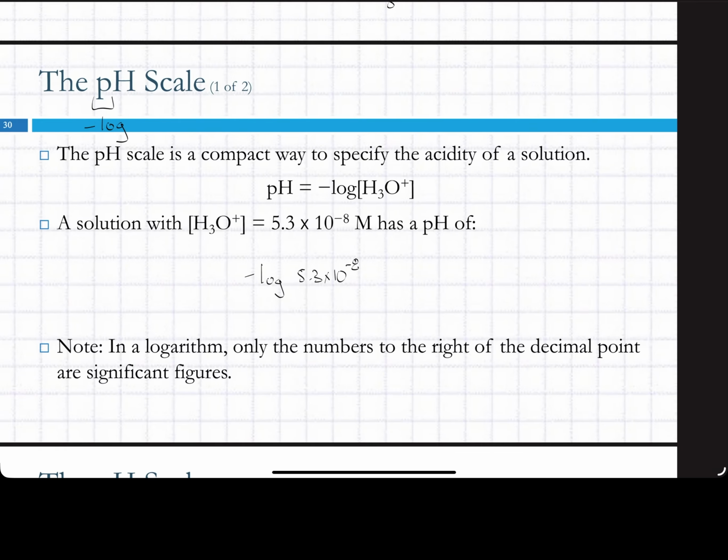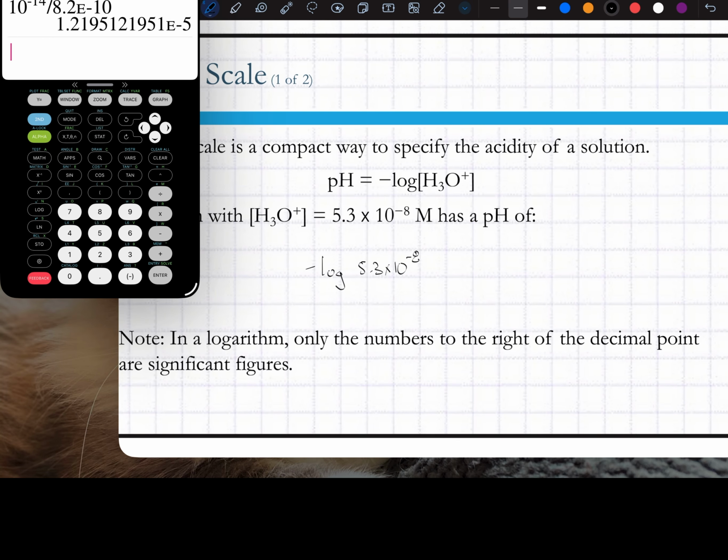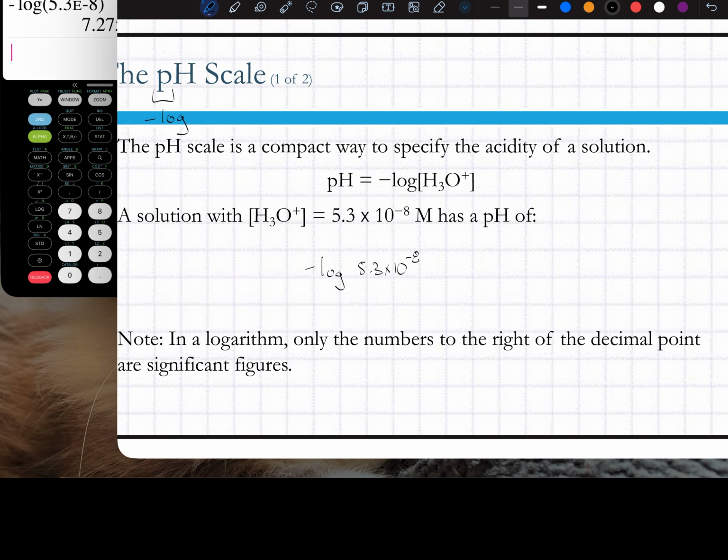That's not what I wanted to do. This is what I wanted to do. So negative log 5.3 e negative 8. 7.25 or 7.27. Really 7.28 because it rounds up.